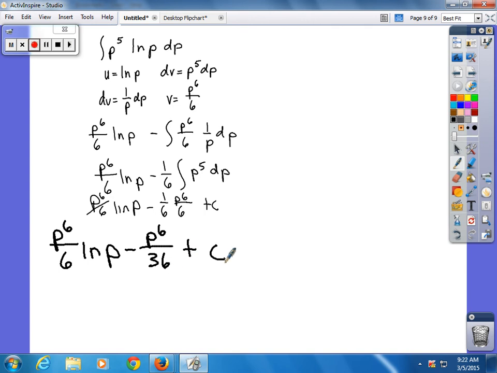P to the 6th over 6, and that'll leave us with natural log of P minus 1 over 6 plus C.